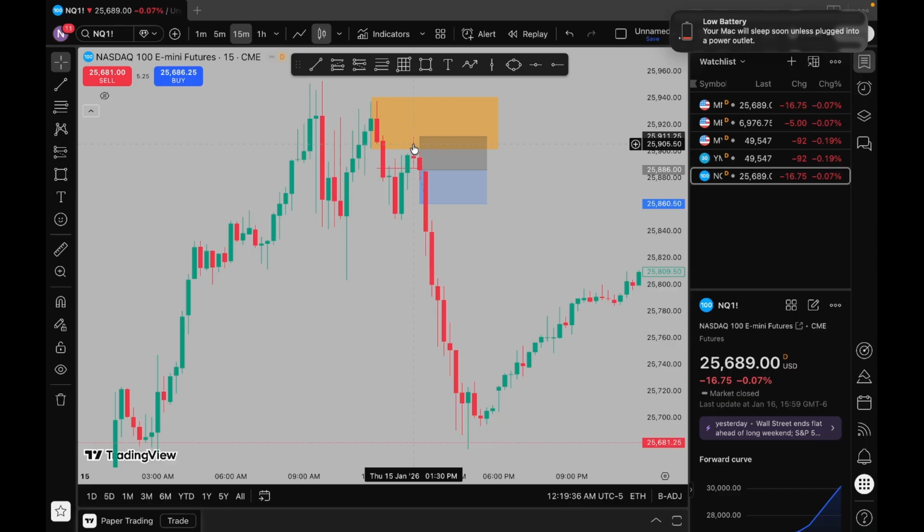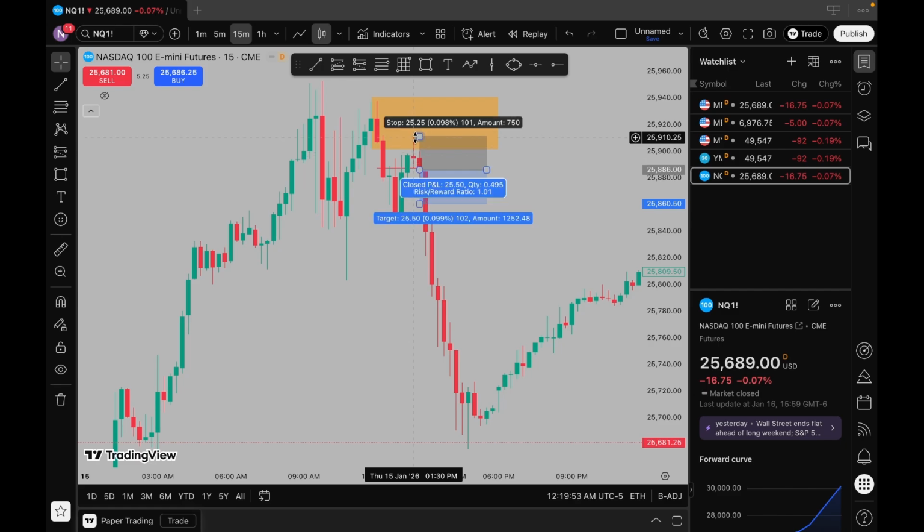The reason you don't do that is because when a new 30-minute candle forms and a new hourly candle forms, the volume is unpredictable. You could enter this trade and place your stop loss above this low.